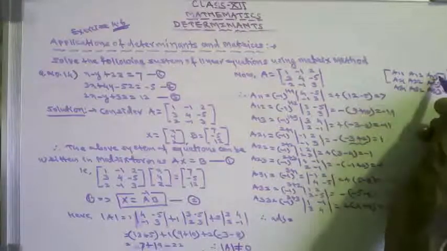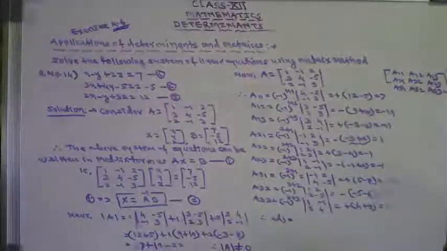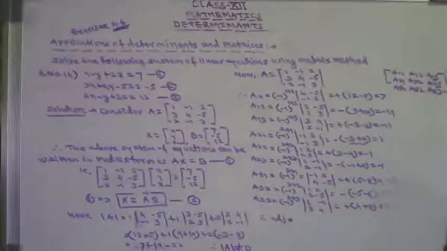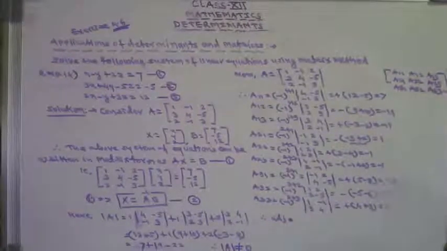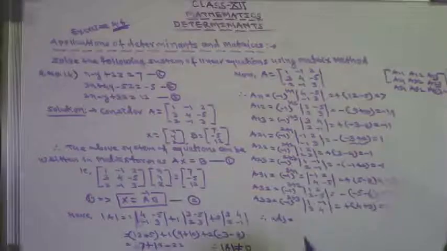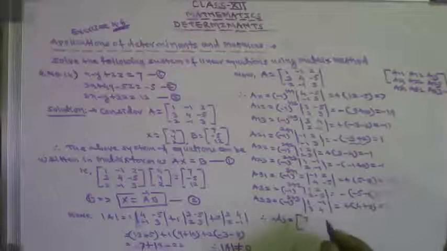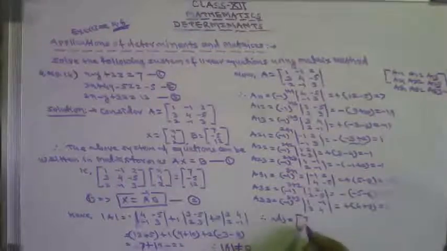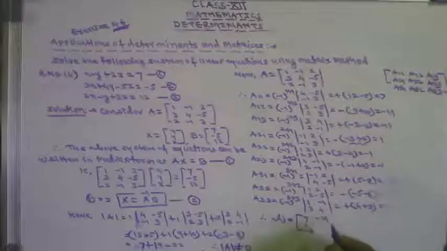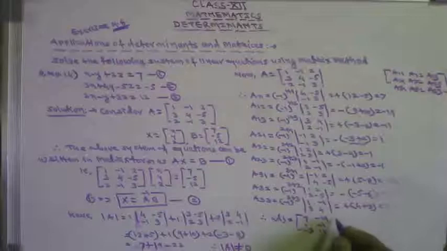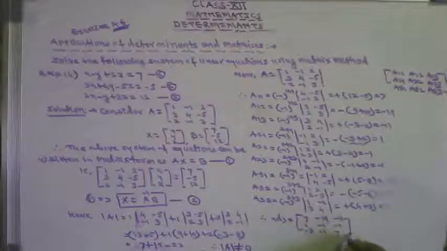So I am taking this as a column here, A11 A12. Okay, so here the adjoint will be the matrix 7, 1, minus 3, minus 19, minus 1, 11, minus 11, minus 1 and 7. This will be the adjoint.